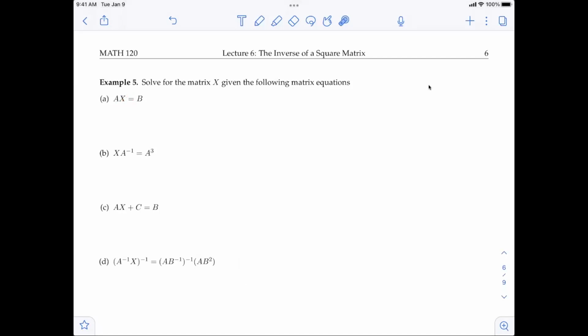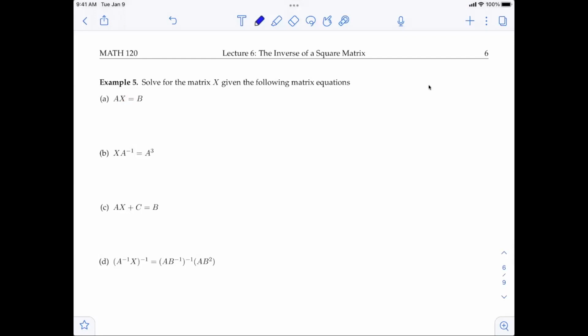Okay, now to obtain X by itself, in regular mathematics you can divide both sides by A to obtain capital X. However, in this case, for matrix equations, you have to get rid of capital A. And the way to do that is you do the left multiplication with the inverse of A to obtain the identity matrix on the left-hand side of the equation.